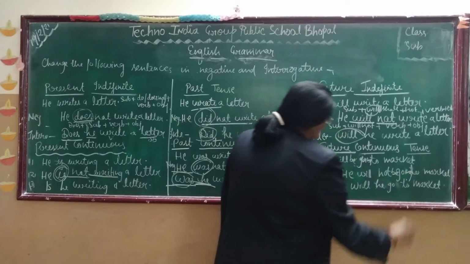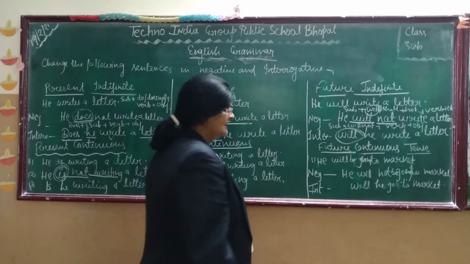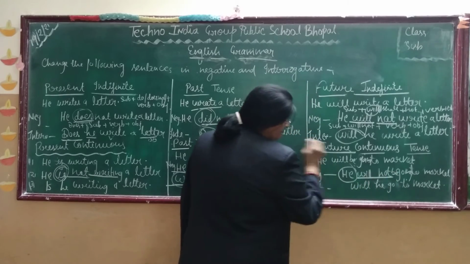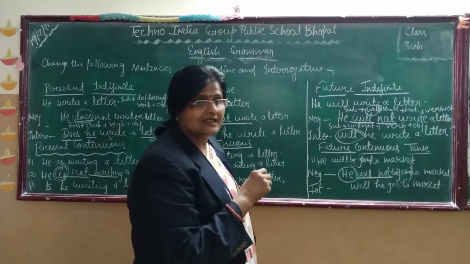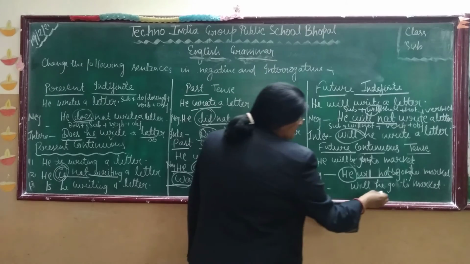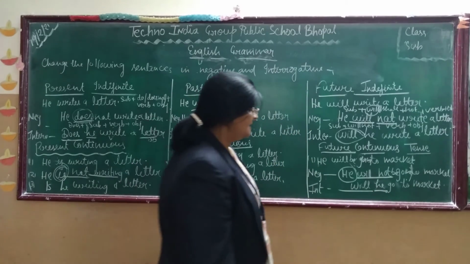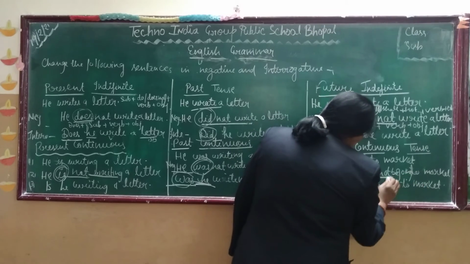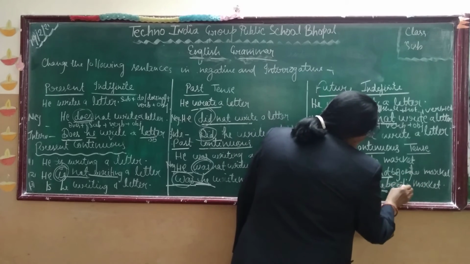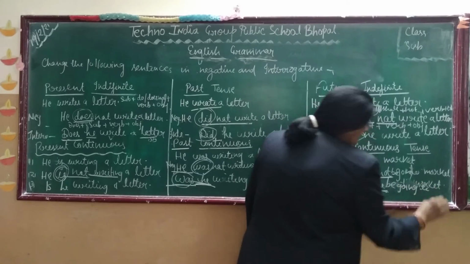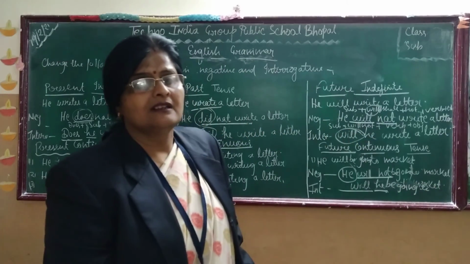And in negative sentences, we use will not or shall not after the subject. But in the interrogative sentence, we will use it before the subject. Will he be going to market? Clear?